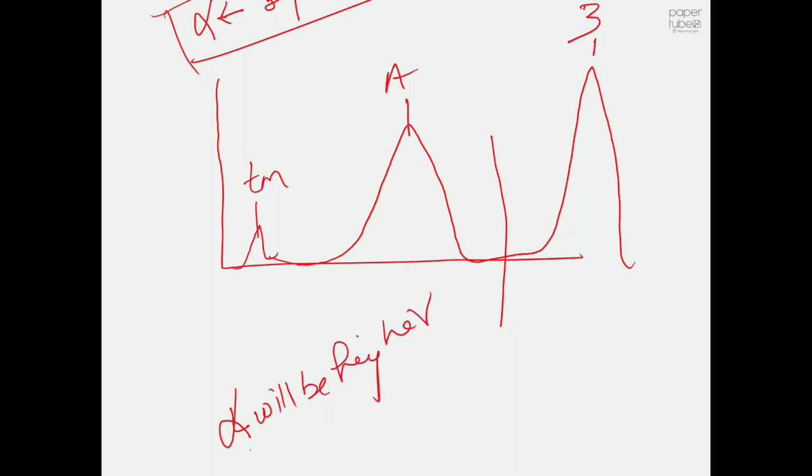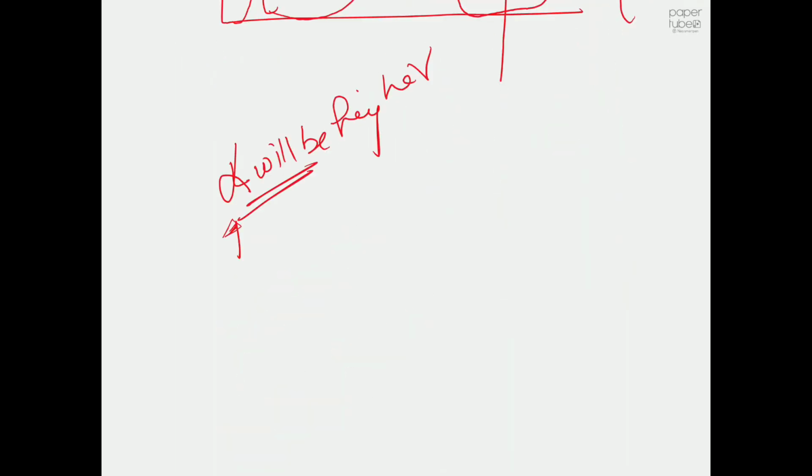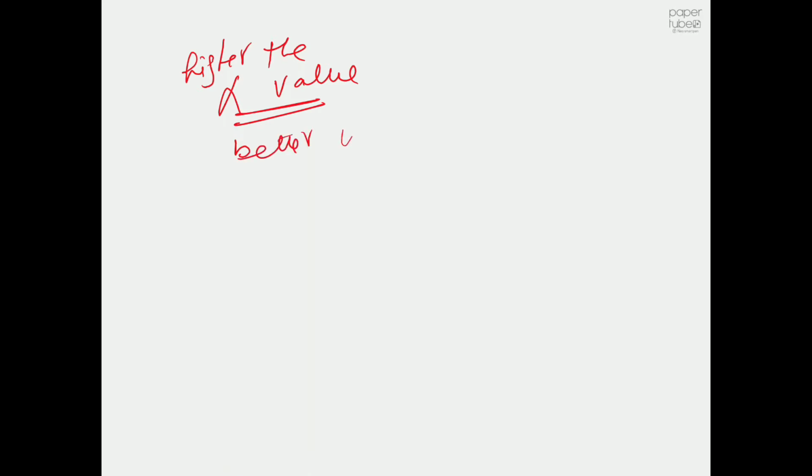We will come back to what number we should target, but for the moment, you should think that the higher the alpha value, the better will be the separation between the two molecules.